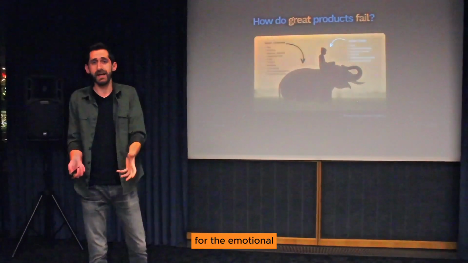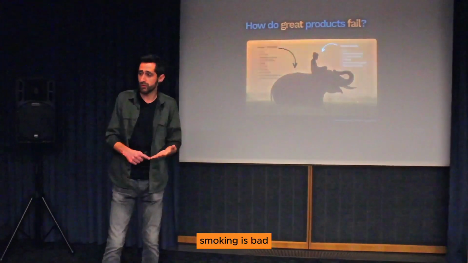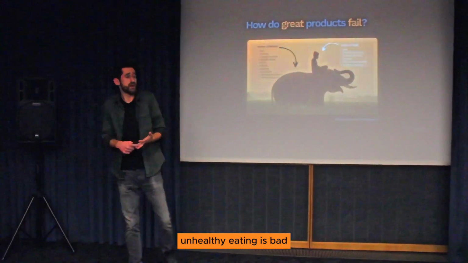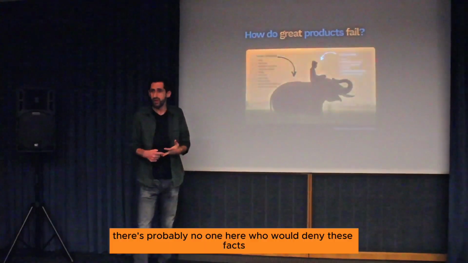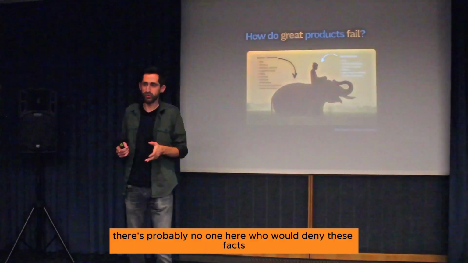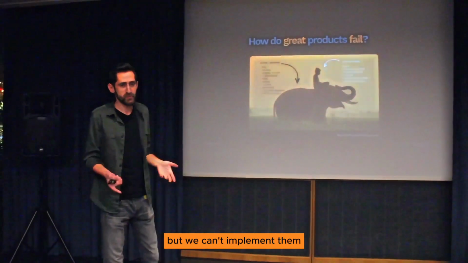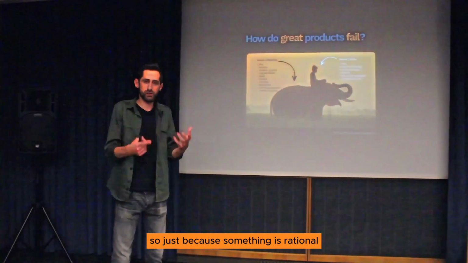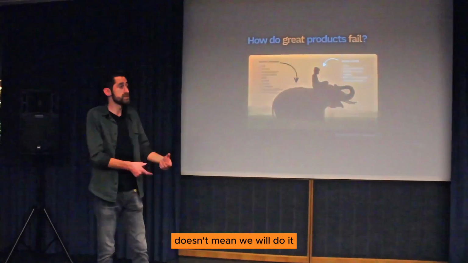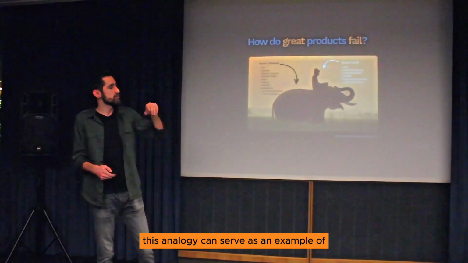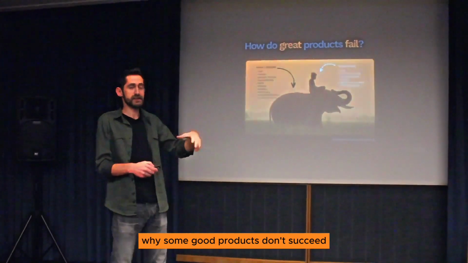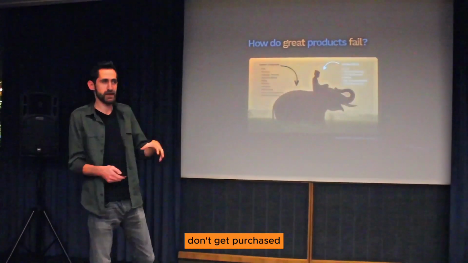For the emotional, impulsive side, smoking is bad, alcohol is bad, unhealthy eating is bad. There's probably no one here who would deny these facts, but we can't implement them. So, just because something is rational doesn't mean we will do it. This analogy can serve as an example of why some good products don't succeed, don't get purchased.